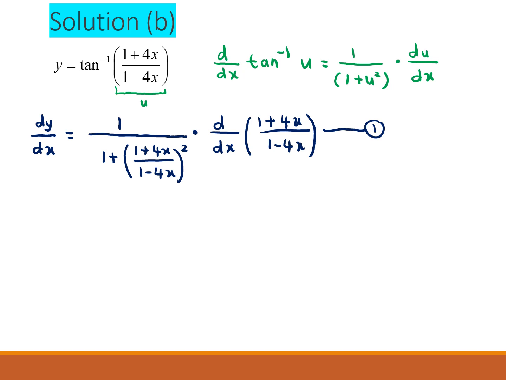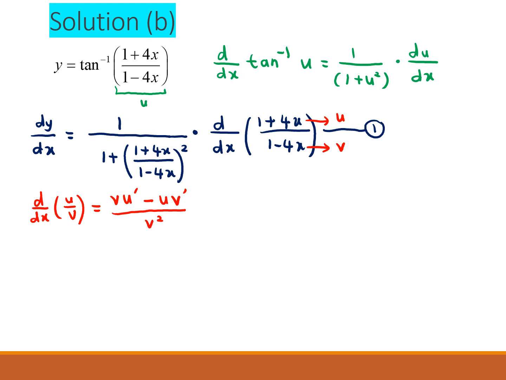Okay, since this derivative involves the quotient rule, we can assume the numerator will be u and the denominator is v. So to find the derivative using the quotient rule, d over dx of u over v is equal to v times the derivative of u minus u times the derivative of v, divided by v squared.